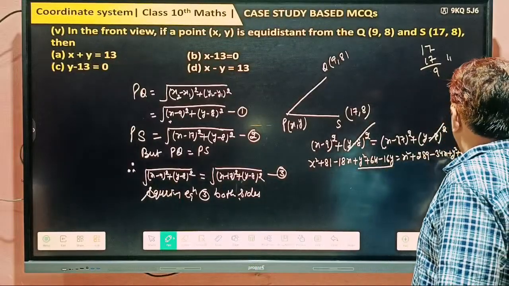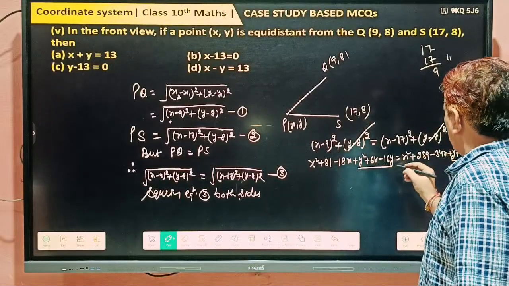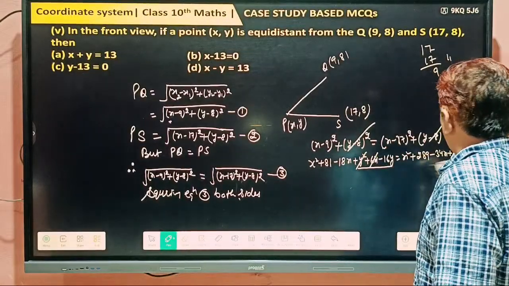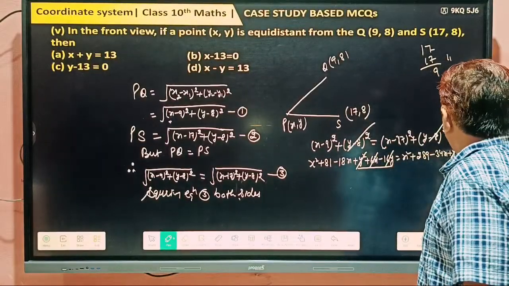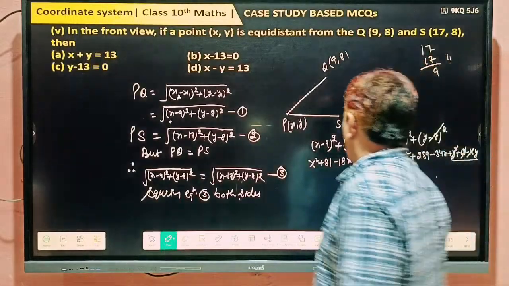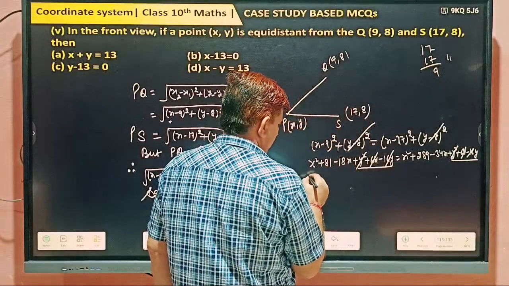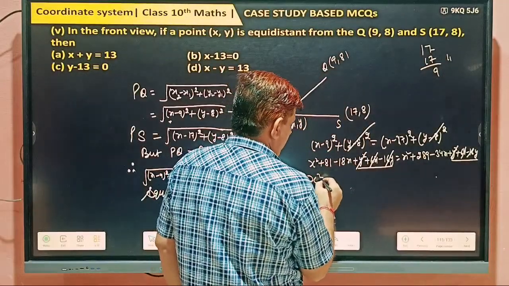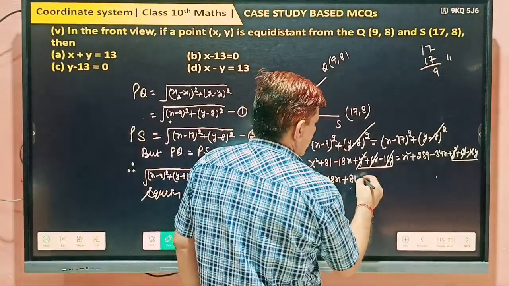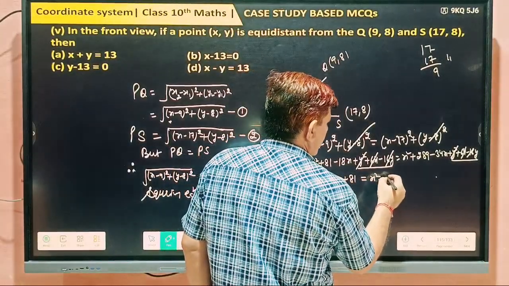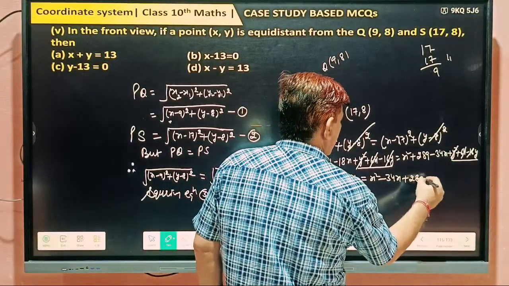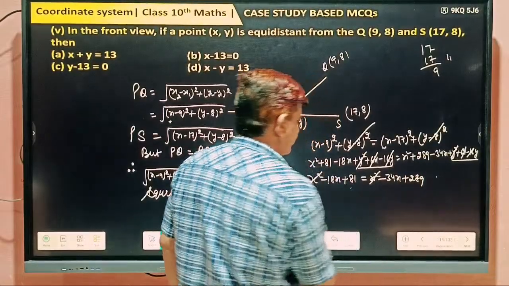From here to here, cancel. Cancel this, this, this, this. Already told you. So how much is left? Or directly you can solve: x square minus 18x plus 81 is equal to x square minus 34x plus 289. You can check this.